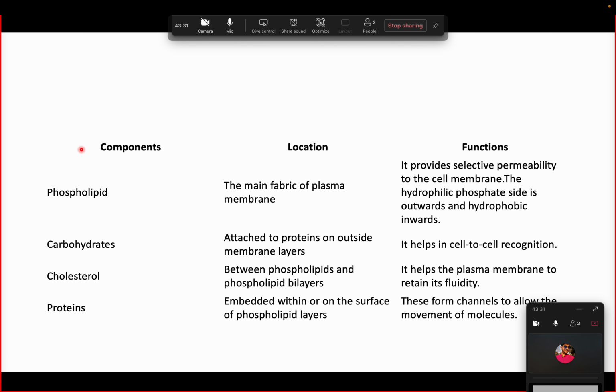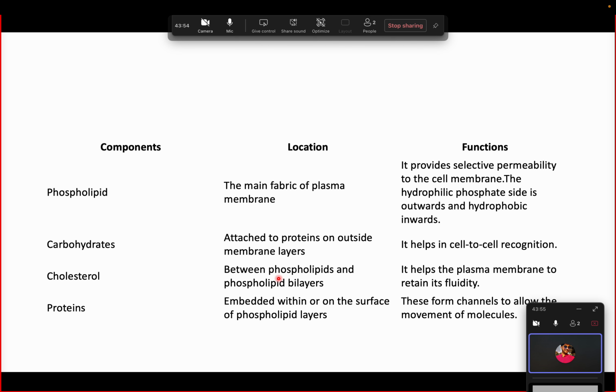Phospholipids, which make up the majority of the membrane and form the lipid bilayer nature of the membrane itself. Carbohydrates, which are present only on the outer side of the membrane. They can be linked either to a protein or to the lipids which are present, correct? Then the cholesterol or the sterols, and last but not the least, the proteins.